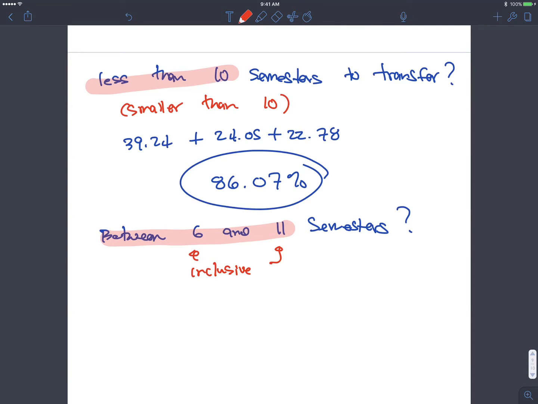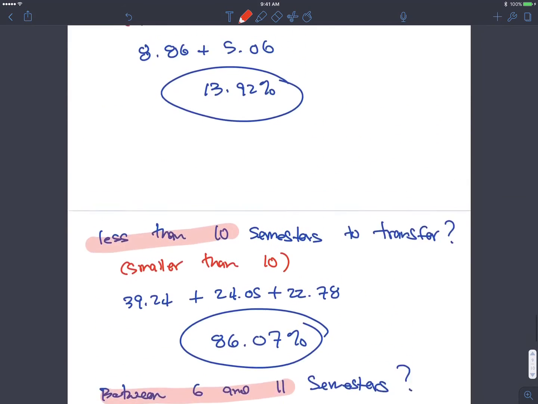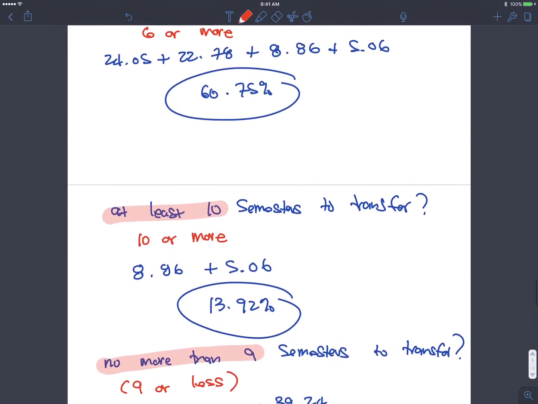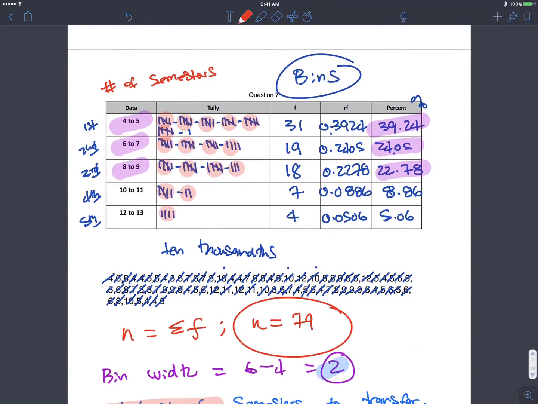So which bins hold between the data values 6 and 11? Let's go back. Between 6 and 11. Bins 2, 3, and 4.